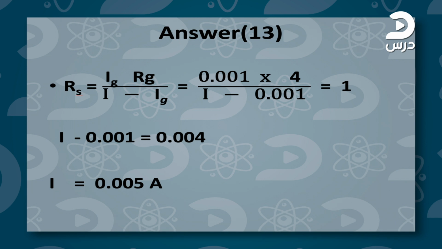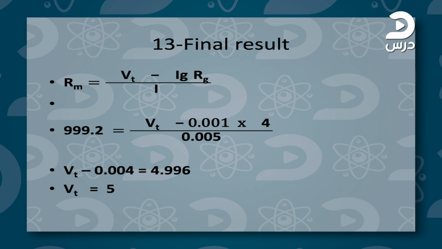Cross multiplication: I minus 0.001 equals 0.004, so I equals 0.005 ampere. The RM equals (V minus VG) over IG, but here it is I total, because we changed from the ammeter into a voltmeter. 9909.2 equals V total minus 0.001 multiplied by 4, divided by 0.0005.